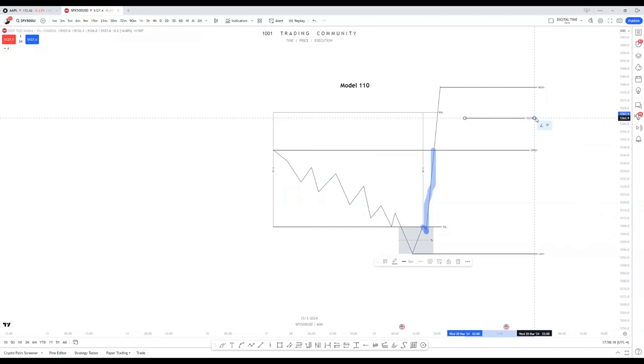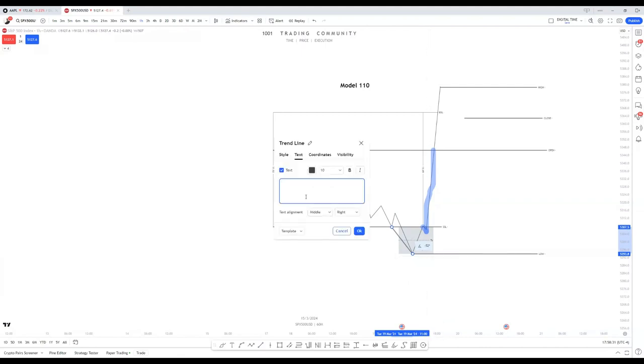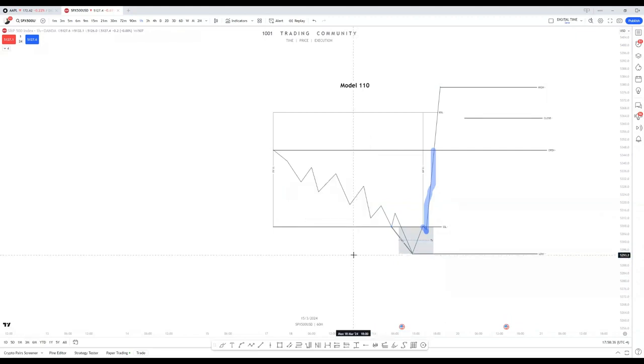So as we talked about, we're using those three ingredients as well as an SMT. Let's say you're trading NQ, and then right here, there's an SMT with ES, S&P 500.